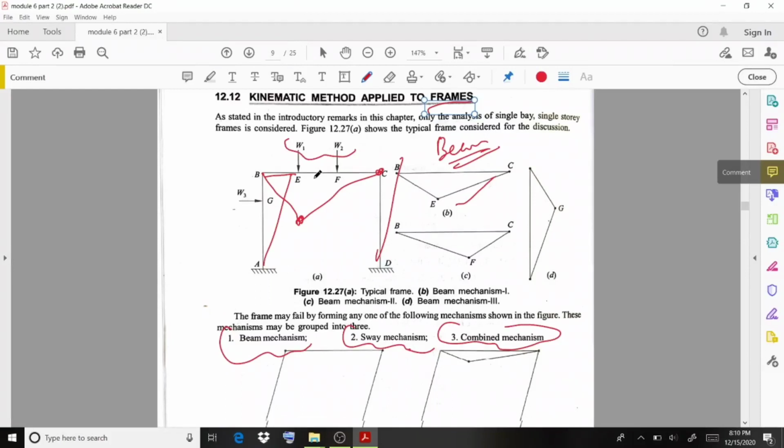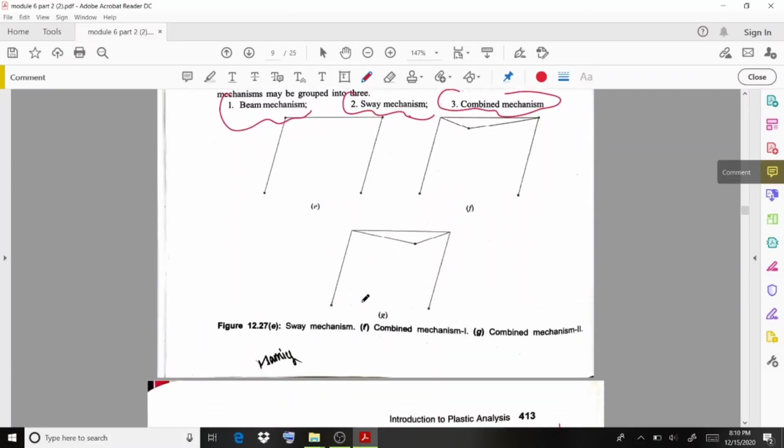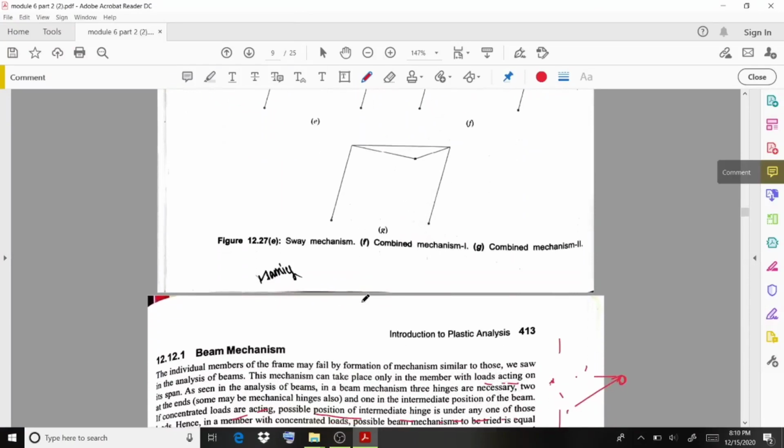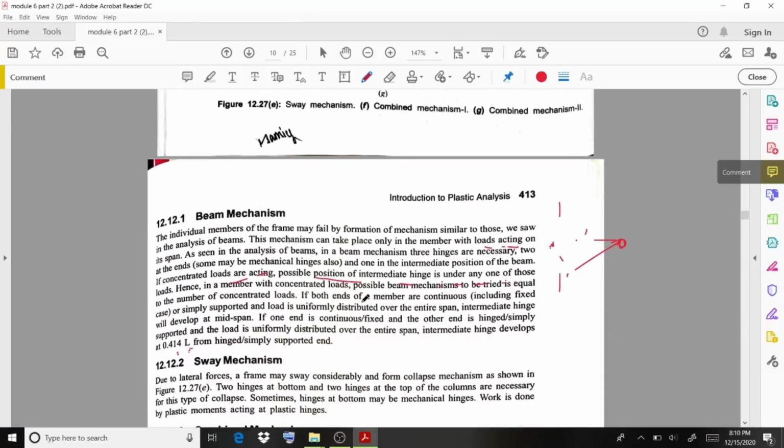Then coming to the combined mechanism, in that case you can observe that W3, W1 and W2, all three have importance. So these are the diagrams regarding the sway mechanism and combined mechanism. Then the details regarding the beam mechanism and sway mechanisms are written here.